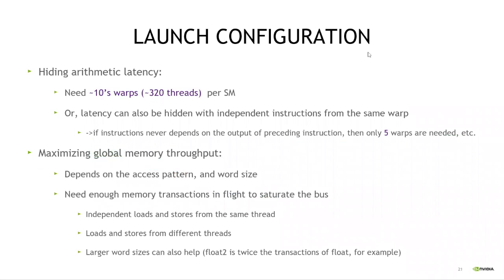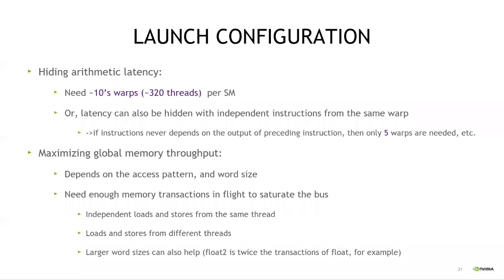So if we're hiding arithmetic latency, we can imagine from the previous diagram, if we want to hide latency that's on the order of 5 to 10 cycles, then a diagram like what we talked about is probably enough. We got to a gap of around 18 cycles just with that description that I gave you across 10 warps. 10 warps is 320 threads.